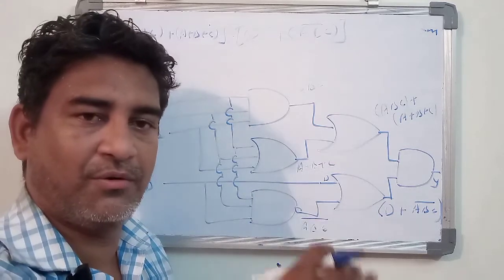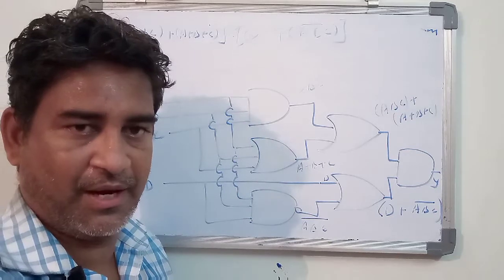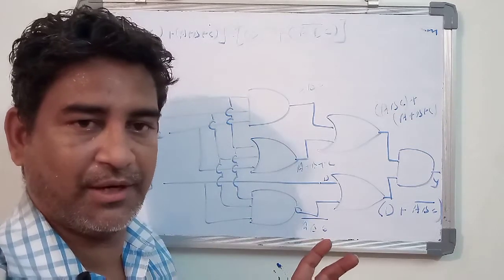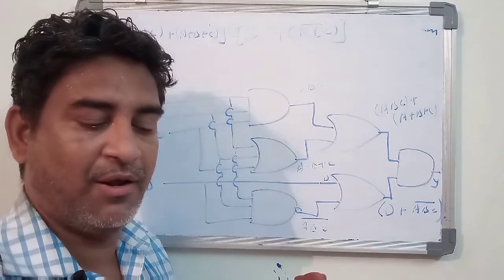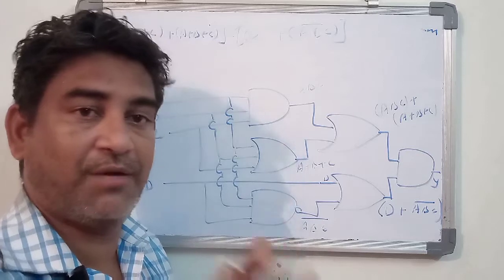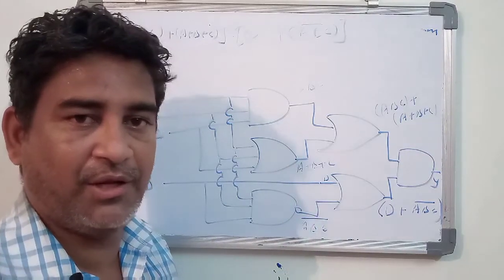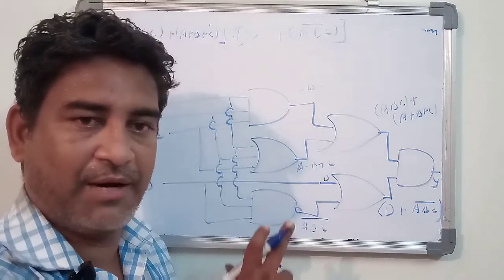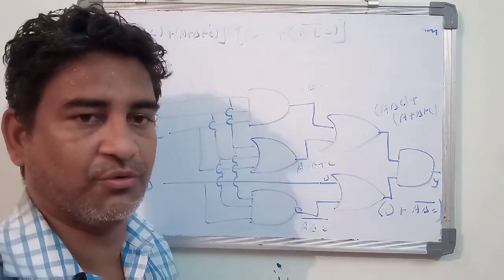So again you have to remember these gates, the basic gates and the derived gates, both. You have to keep in mind what is the equation of each gate. Then only you are able to solve the logical diagram, and from the logical diagram the logical equation will be solved by you.